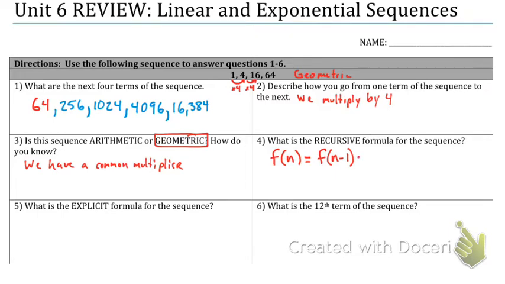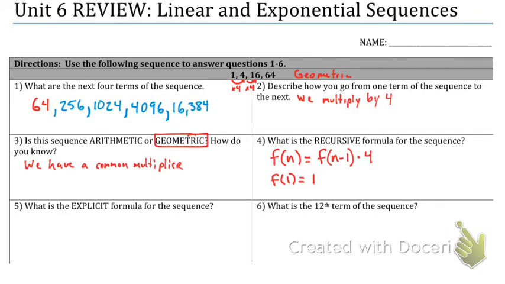And one more thing, because it's recursive, we need to let everybody know what our first term is. Our first term up here is 1. So we write that our first term in this sequence is 1. This entire thing is the recursive formula.